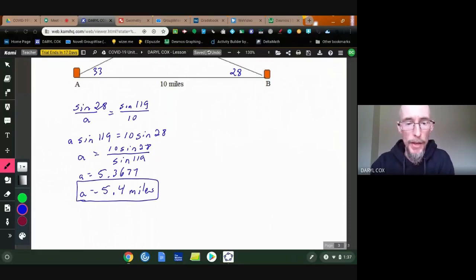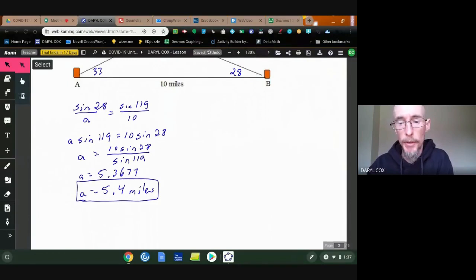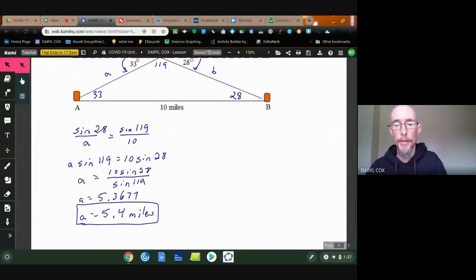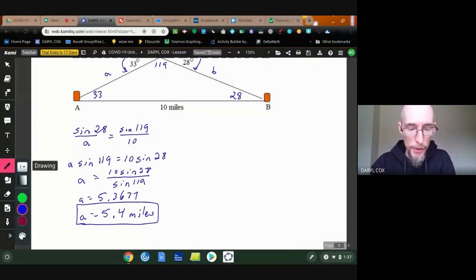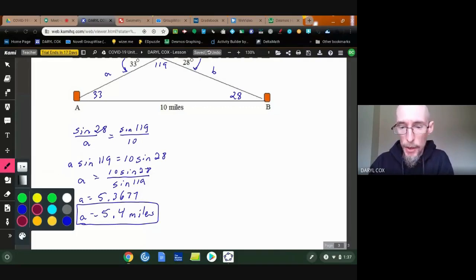Okay, your job now. Now that we set that one up, I'm going to make you do B all by yourself, okay? Set it up, solve for it, find your answer. Go. So setting up B, we're going to do B's across from 33. So that's sine of 33 over B equals sine of 119 over 10.